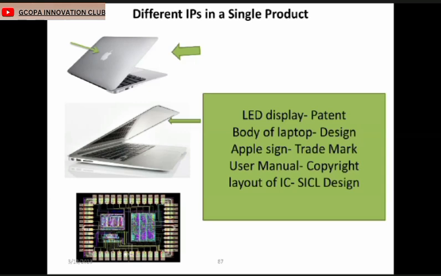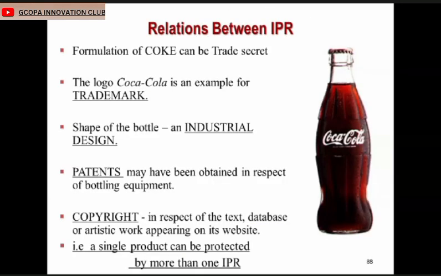Now there is one more thing, that is integrated circuits. In case you find that there are integrated circuits involved in the inside make of the product, the layout of the integrated circuits can also be protected under semiconductor integrated circuit layout design. Lastly, we have one more concept which needs no registration anywhere, but that is known as trade secret.